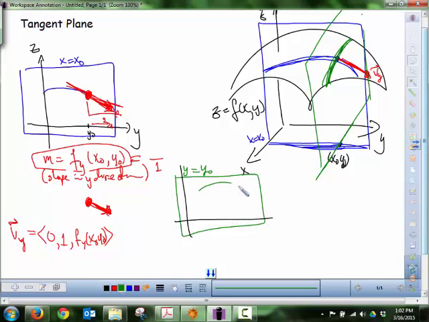And then we have this curve similarly, that is on the plane y equals y naught, parallel to the xz plane. Then we want to find the slope of that like we did before. This time the x moves and the y is fixed, so we're going to take the derivative with respect to x at x naught, y naught.